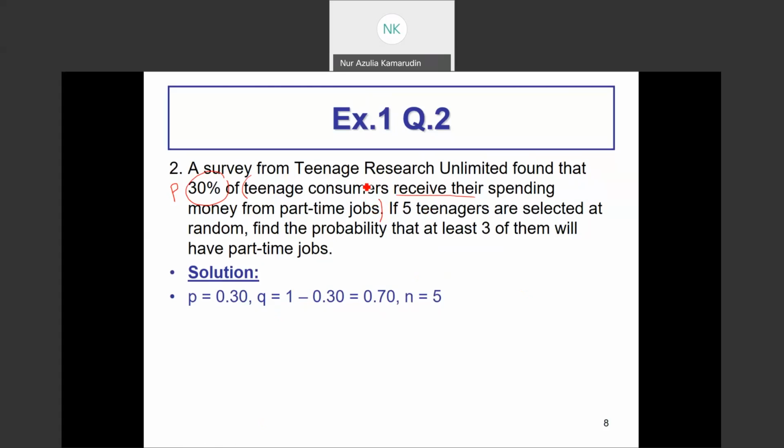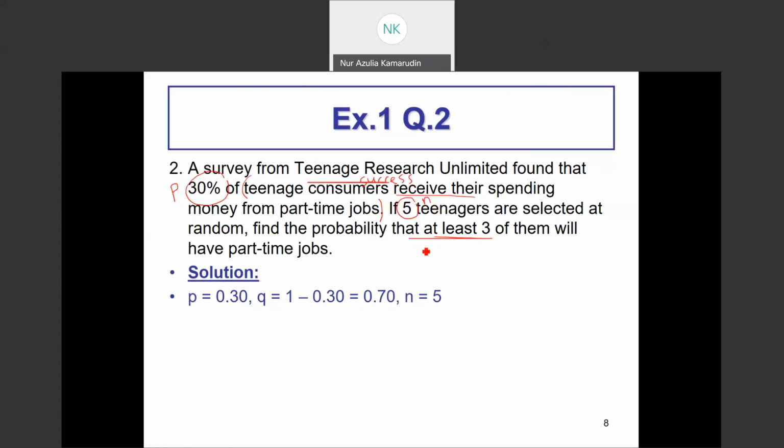So this is referred to as your success event. And you have here 5 teenagers. It should be your N, number of observations. Probability at least 3 of them.